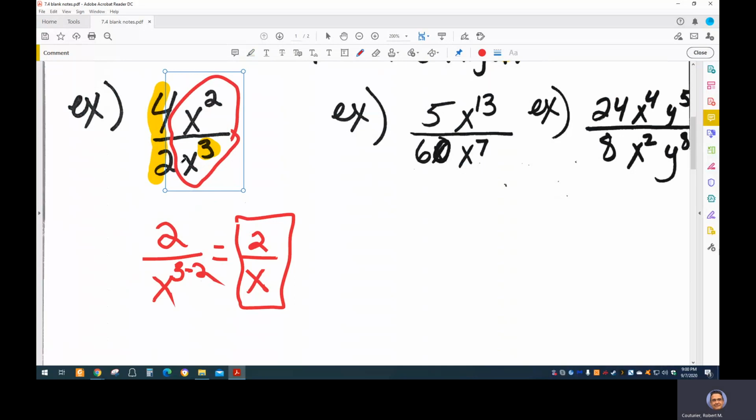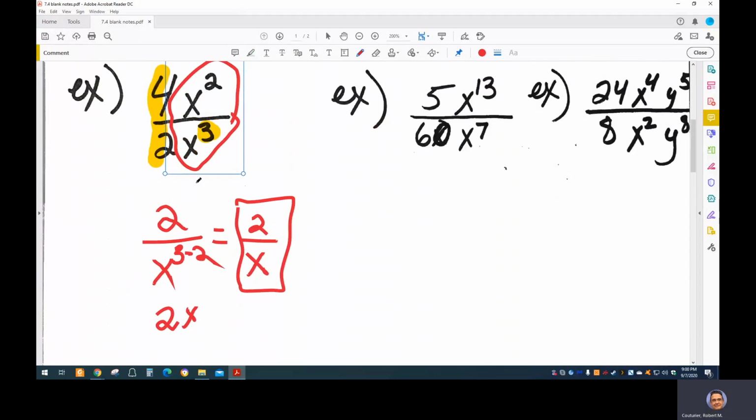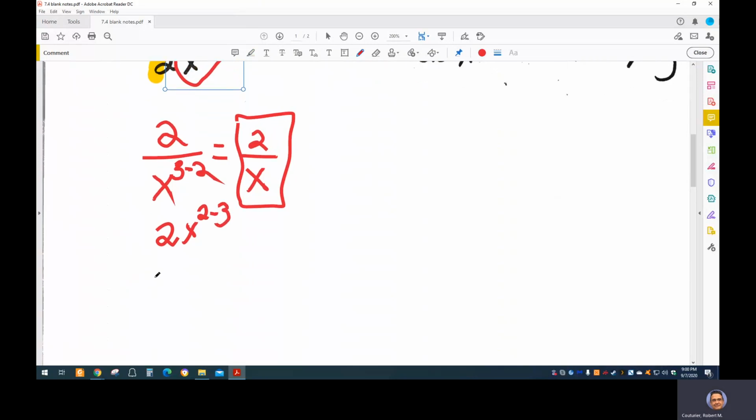Sorry, the denominator. If we would have done our work in the numerator, let's say we didn't think about this, okay? And we had 2, because upstairs is a 2. 2 minus 3. Well, what happens here? 2 minus 3 becomes x to the negative 1, because 2 minus 3 is negative 1.